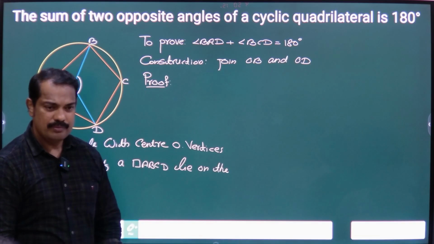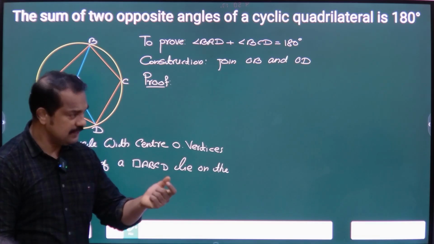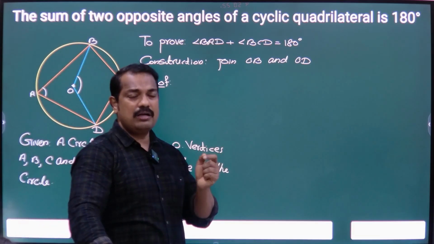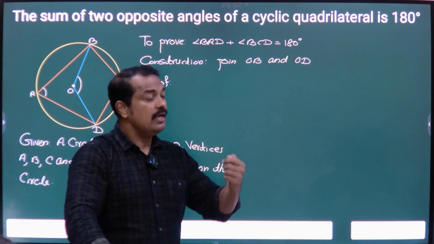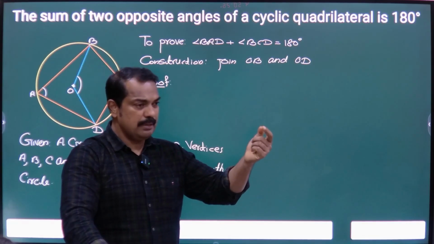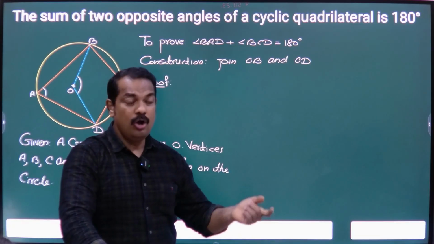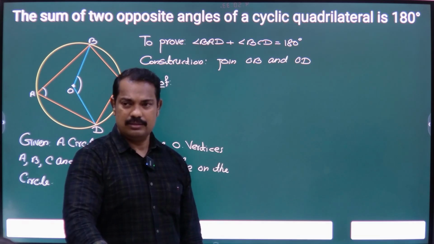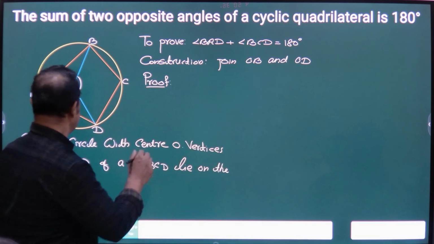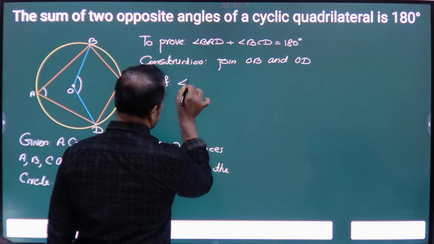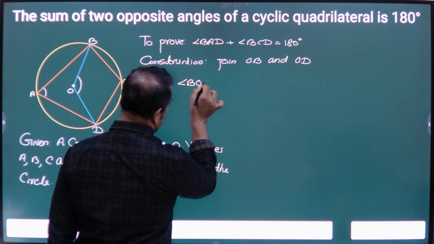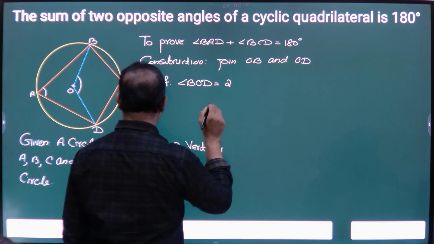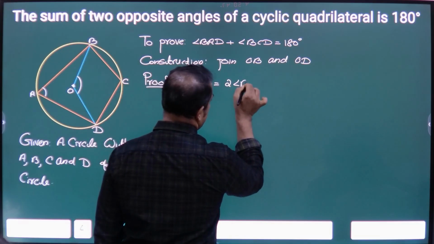So we can apply the theorem. Which theorem? The angle subtended by the arc at the center is double the angle subtended by the arc on the circle outside the arc. So apply that theorem here. That is, angle BOD is equal to 2 angle BAD.